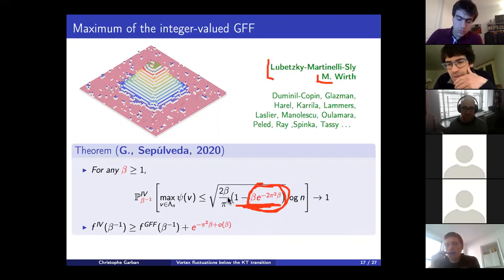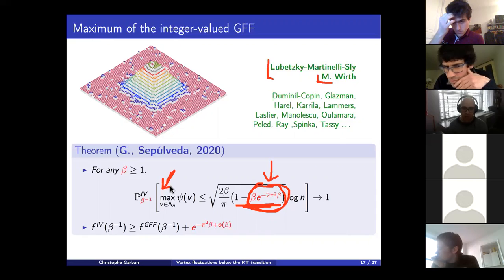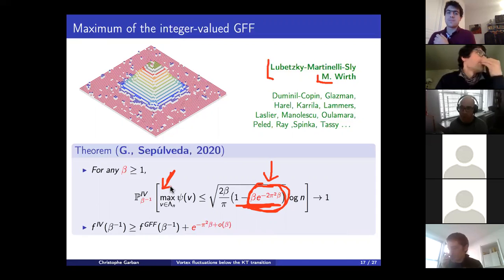So maybe what you ask is, I'm not sure what would be a law of large numbers here, but you would want a matching lower bound, right? I want to say first of all that there exists a constant that depends on beta, such that when you normalize this by log n, it converges in probability to this constant.